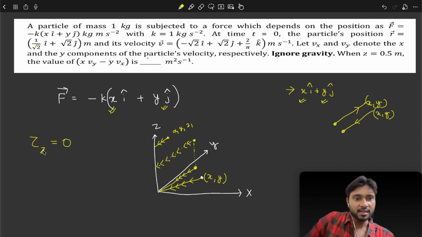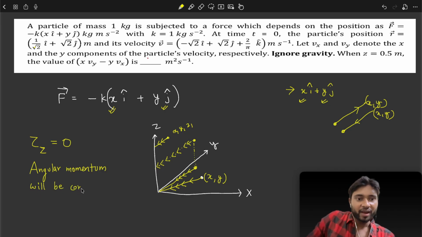Since torque along the z axis is 0, angular momentum along the z axis will be constant. If angular momentum is constant, what does it mean?